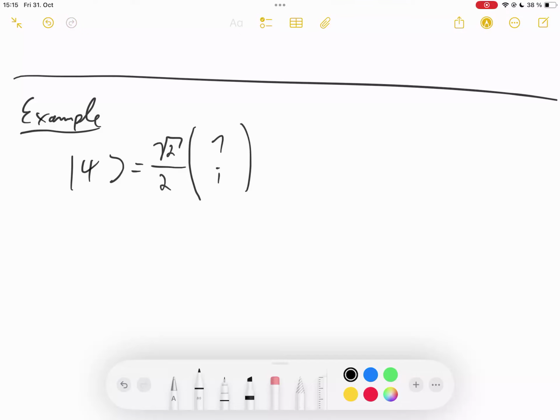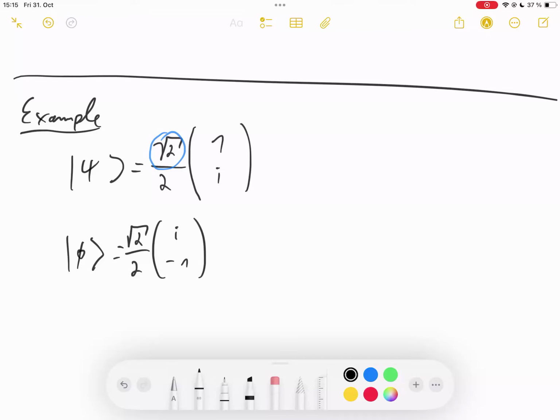Sometimes in some notations, it's preferred to put the square root in the numerator rather than the denominator. It's the same result eventually. And then we have a phi ket, so a different Greek symbol. And this one is i and -1, and it's also normalized.